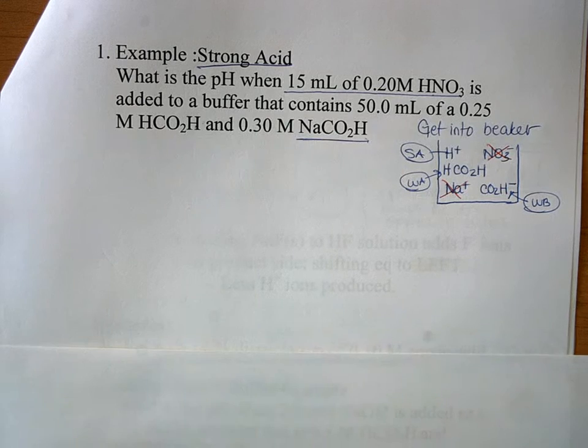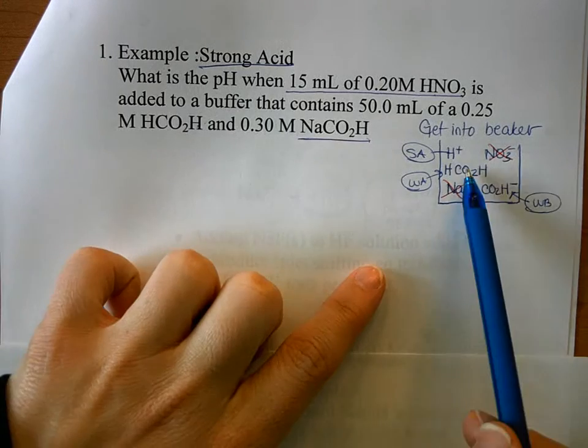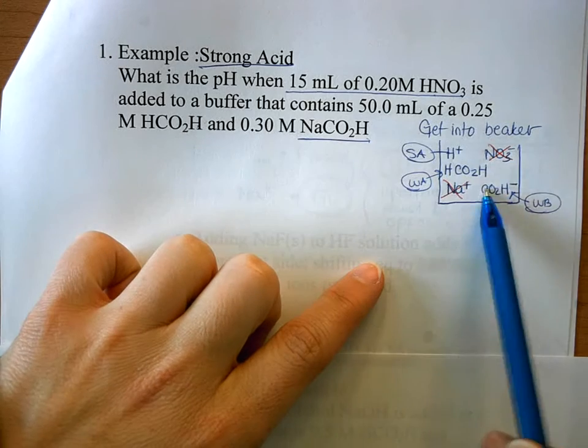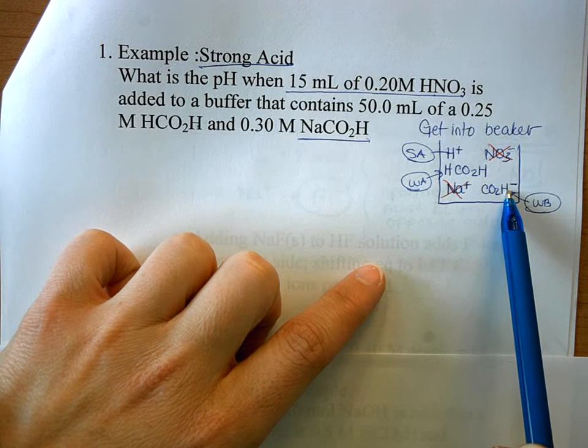Okay, now thinking about how to set up, the hardest thing is probably writing out the reaction. If you remember from the previous slide, the partners have to stay on opposite sides of the equation. So I can easily tell that these guys are partners, so they cannot be on the same side of the equation.